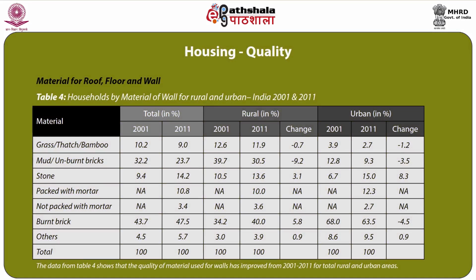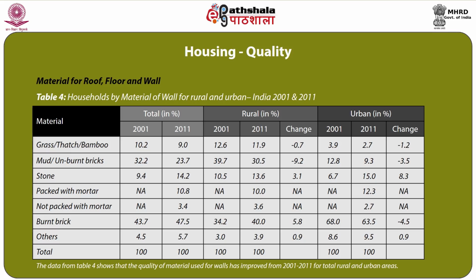The next table, table number 4, is about households by material of walls for rural and urban India 2001 and 2011. The materials are grass, thatch, bamboo, mud, unburned bricks, stone, packed with mortar, not packed with mortar, burnt bricks and other.